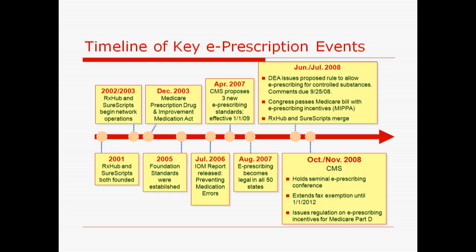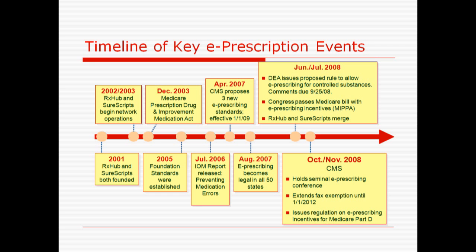Further, if we move forward, the timeline of key electronic prescription events is as follows. In the year 2001, RX Hub and SureScripts were both founded. In 2002-03, RX Hub and SureScripts began network operations. In December 2003, the Medicare Prescription Drug and Improvement Modernization Act was established. In 2005, the foundation standards were established.